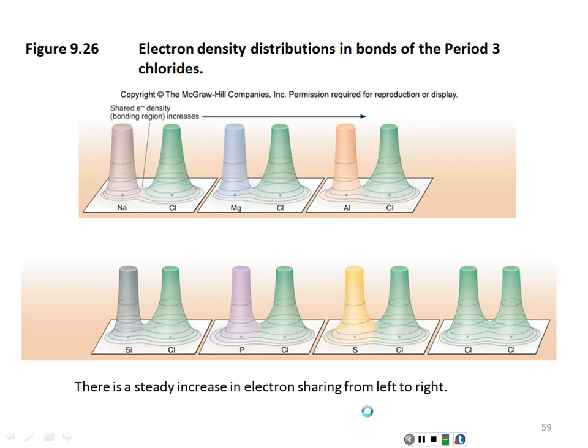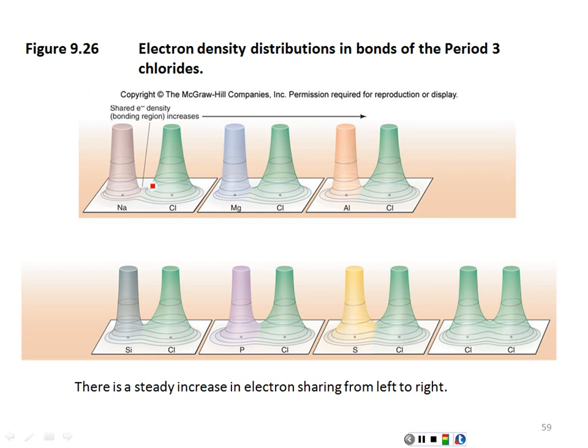And figure 9.26, just to illustrate this point, how the more covalent a bond is, the more electron density you'll see between the two nuclei. We'll take chlorine and bond it to all the elements across the third period.